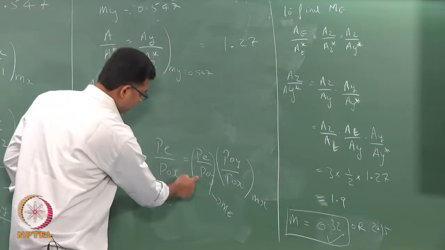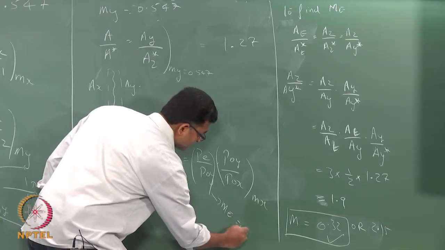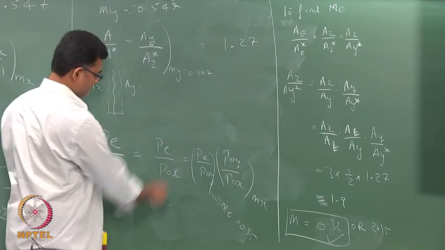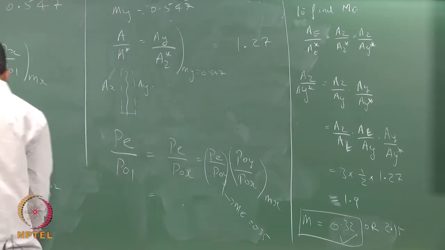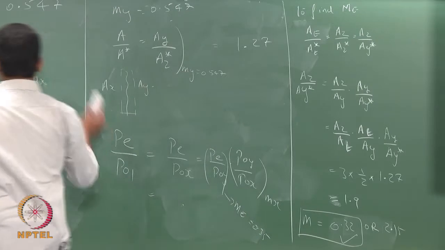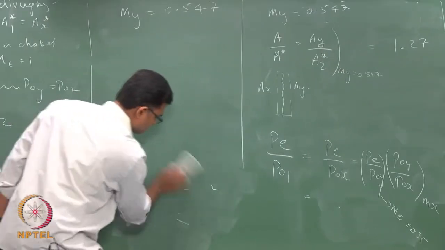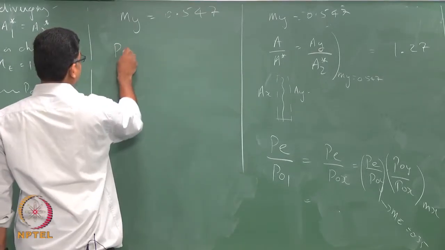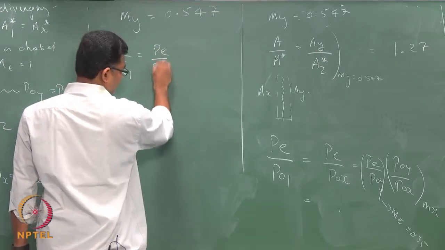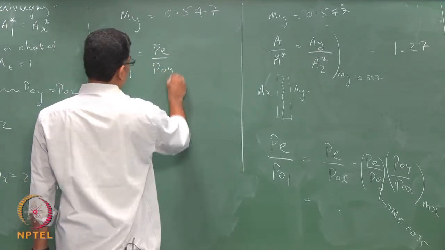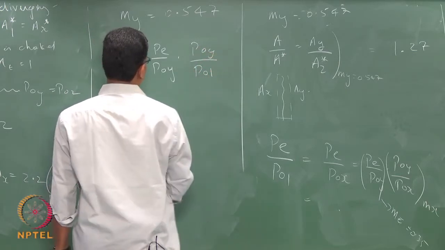So your P by P0 corresponding to 0.35 is the value that has to be substituted here. So your P exit by P01 is P exit by P0y into P0y by P01.